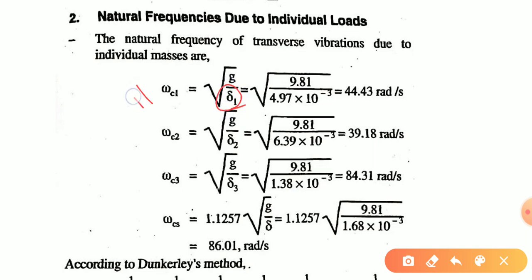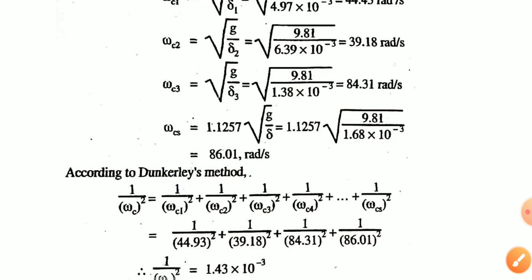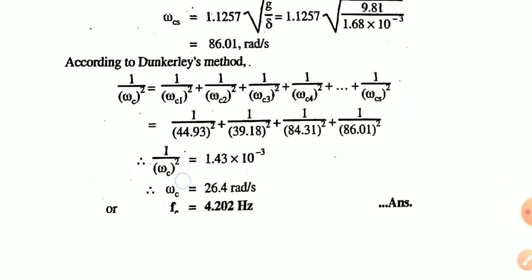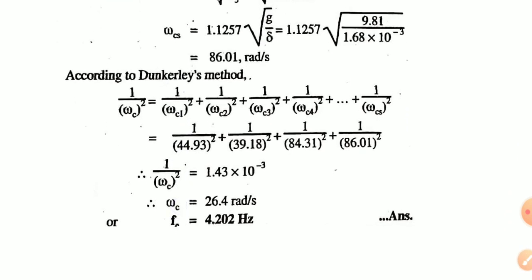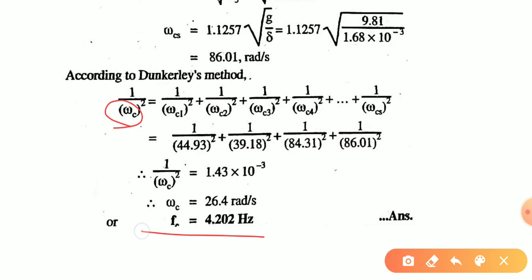Same way we have all the values of delta 2, delta 3 and delta s due to static deflection. So we can find all the angular speeds, and using Dunkerley's formula we can find the ultimate critical speed and natural frequency for the same. This is fc.